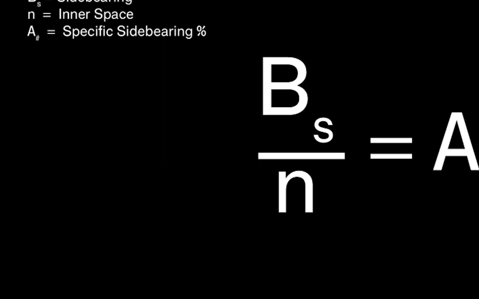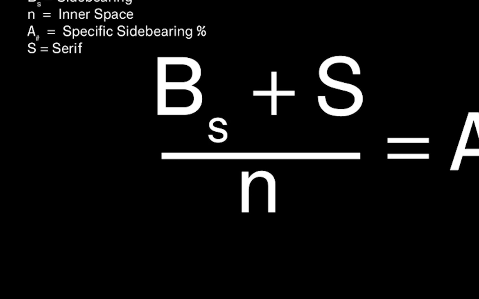And then with the same math in mind as last time, I pulled out the ratio with a proportion. We started our first ones with the side bearing over the inner space of the lowercase n or h to get an average. And now we're taking the width of the serif into consideration. So our side bearing plus the width of our serif, and I'm only taking in one measurement, assuming that all typefaces have the equal serif.